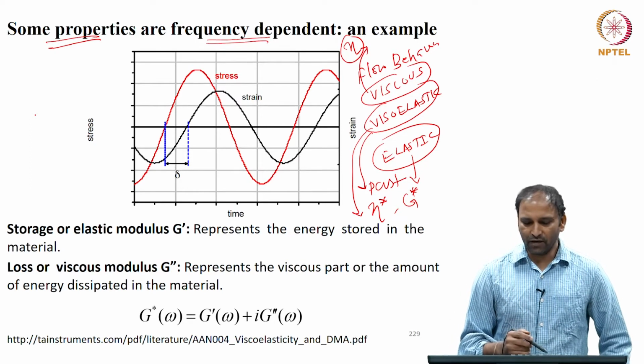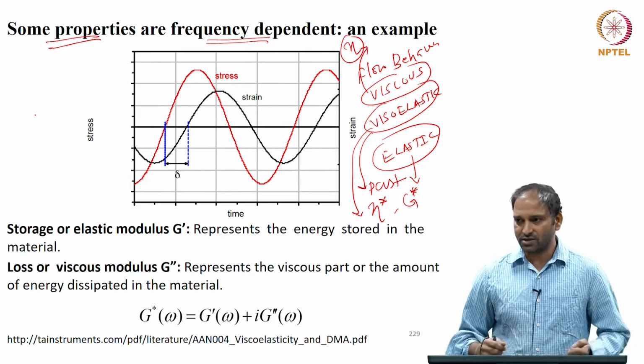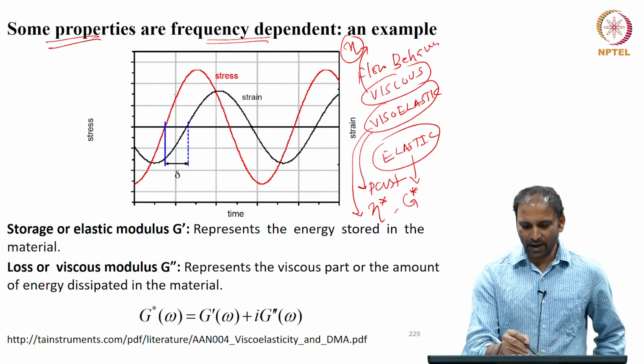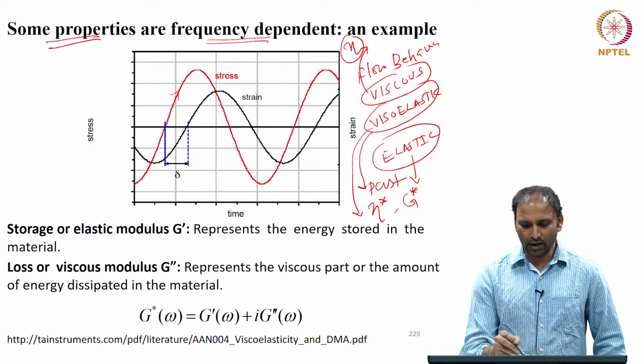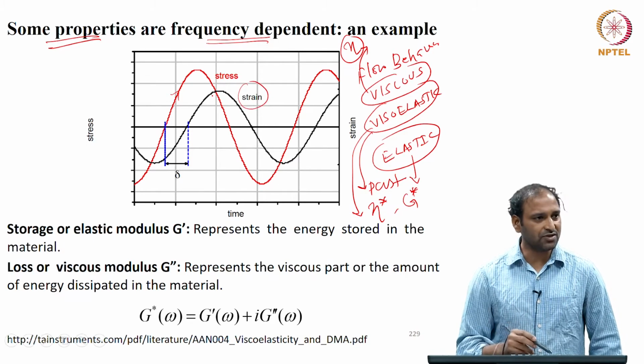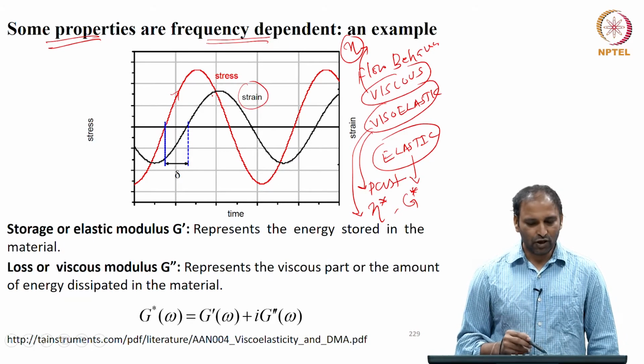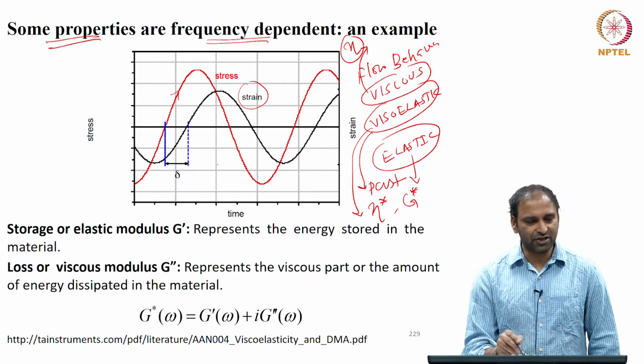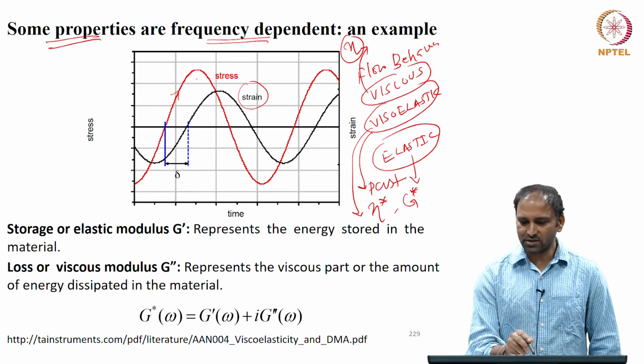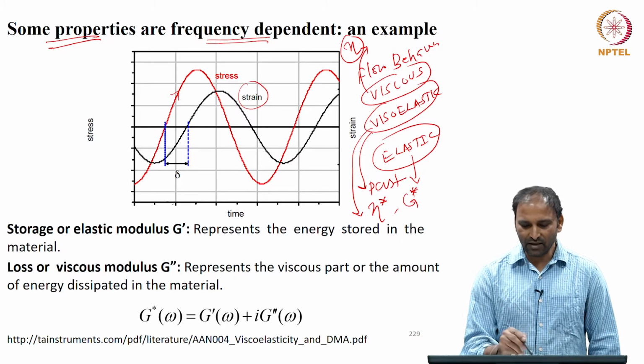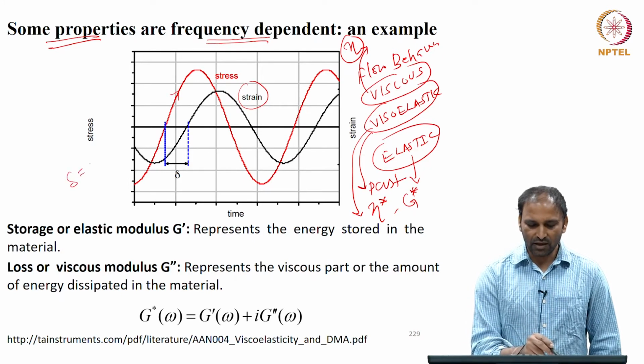Now, if you take, say, solids, and if you apply some stress and look at the response, that is the strain in the material, then you will see that there is a phase shift between the stress and the strain, and that phase shift is typically 0, this delta, right.